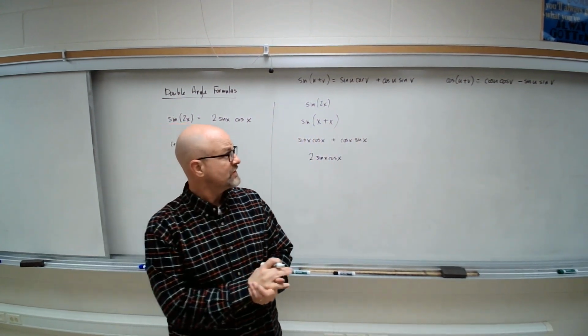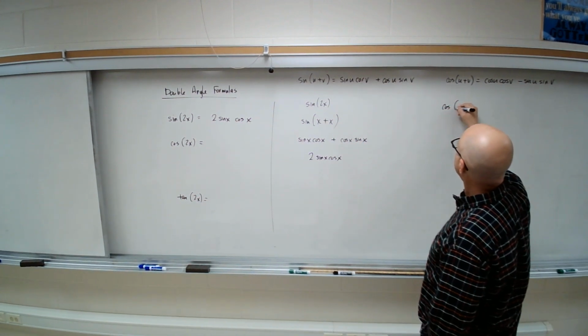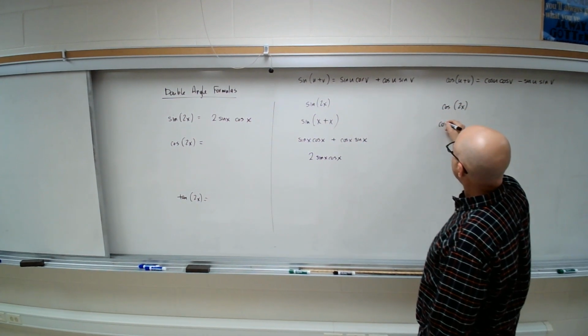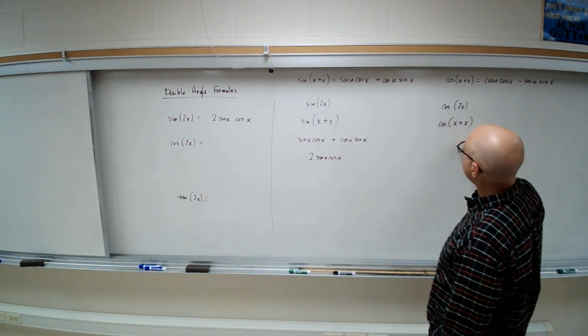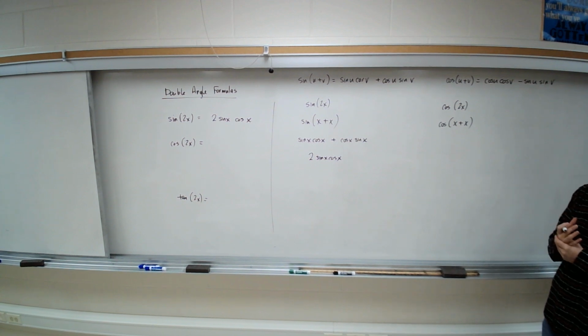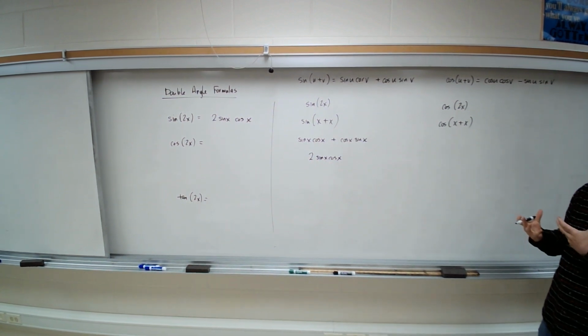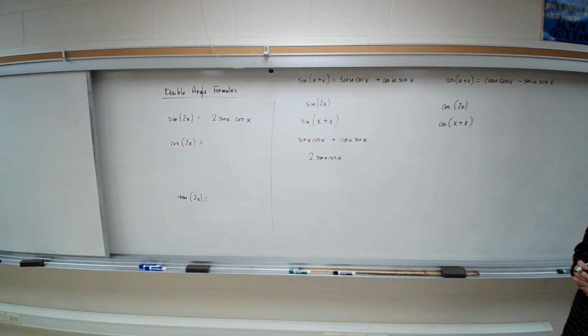Again, that's on your formula sheet there. So when we want to find the cosine of 2x, we just do the cosine of x plus x. Now, I'm not making you memorize these. It is nice to know where they come from, though, right?